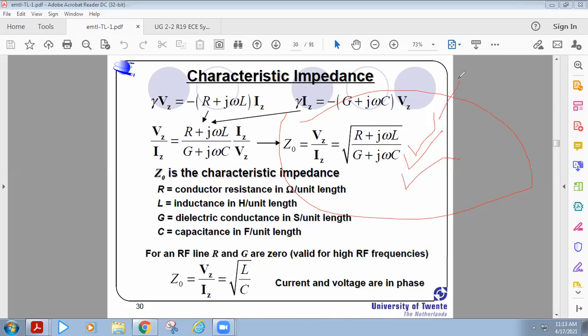This is called lossy, this is called lossless, this is called distortionless. The entire transmission line unit goes through these three cases only. Remember that point, then you get the backbone of transmission lines.